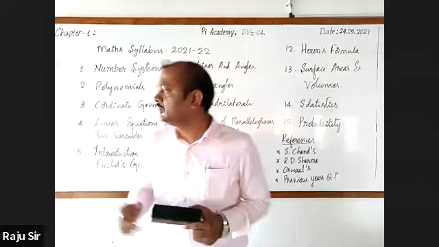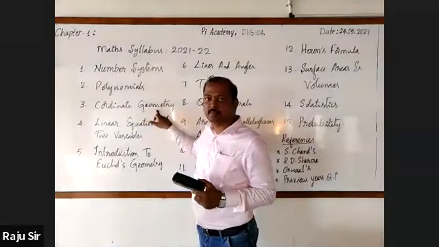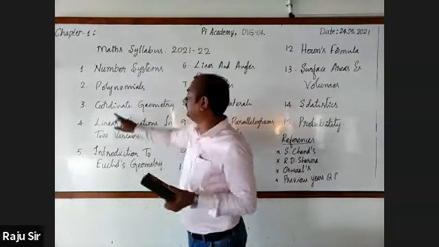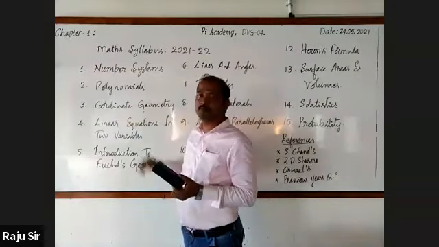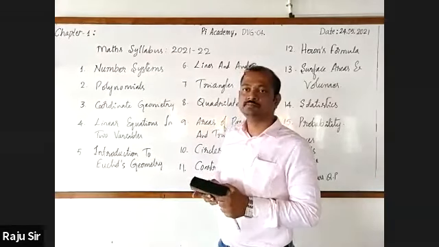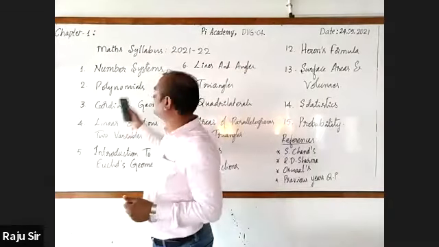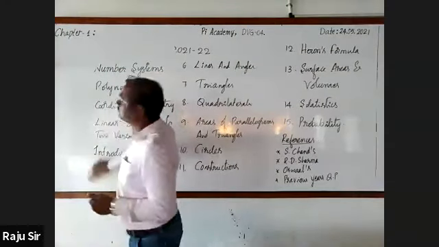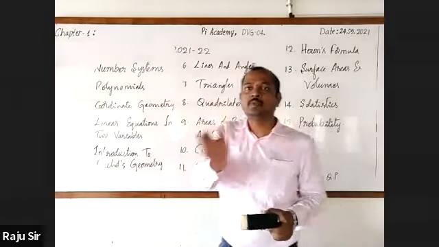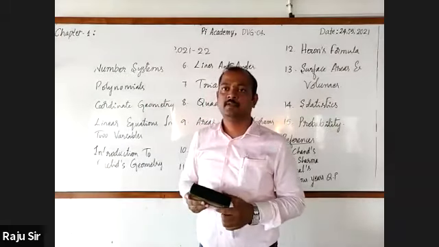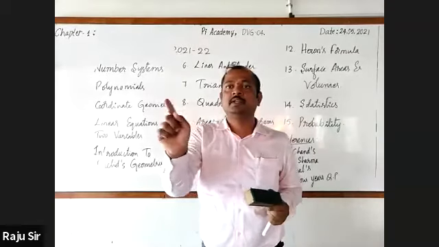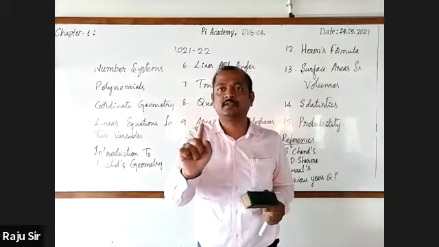Check the spelling of the third one, coordinate geometry, C-O-O-R-D-I-N-A-T-E. Now let me rub that. After writing all this information, open a fresh page and, on the right side, write the name of the chapter in the regular pattern I sent yesterday.